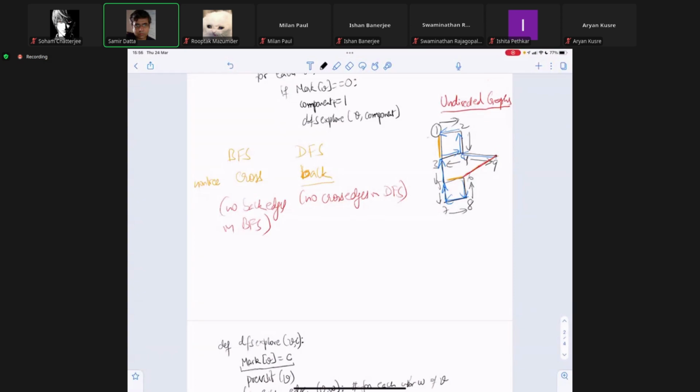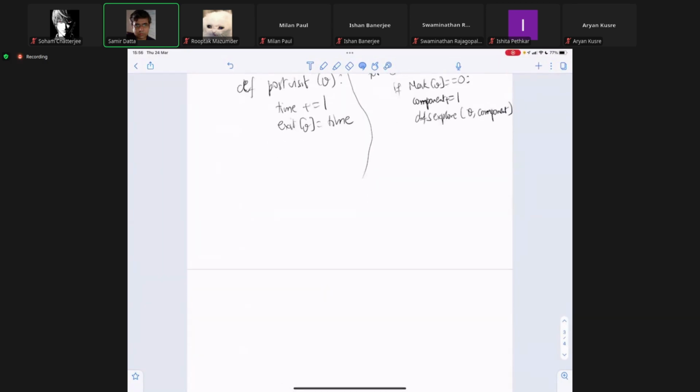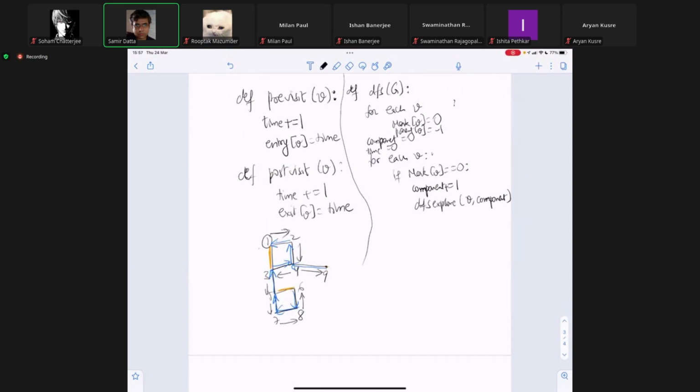Correct? So let's run this on this undirected graph. Let me erase this edge, which is not there. So first, you will start from 1, correct? So you would pre-visit 1 and increment the time to be 1 and set the entry of V to be 1.